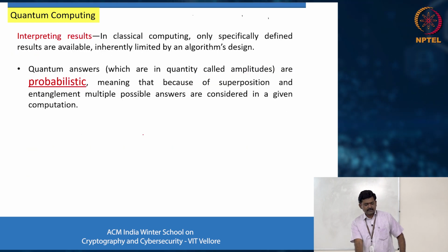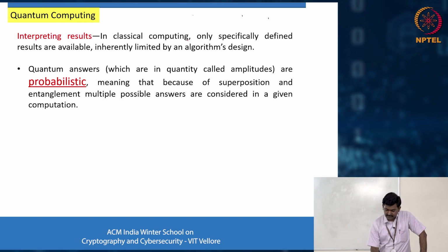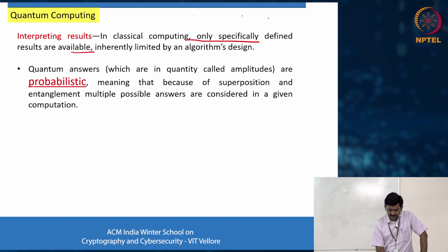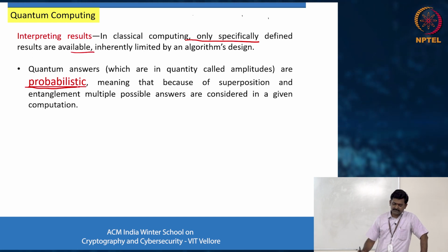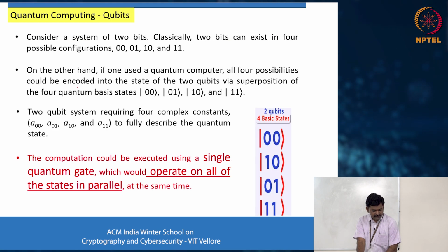How do you interpret the results? As I said, classical systems provide deterministic answers, quantum computing systems provide probabilistic answers. So these are the things one should remember.